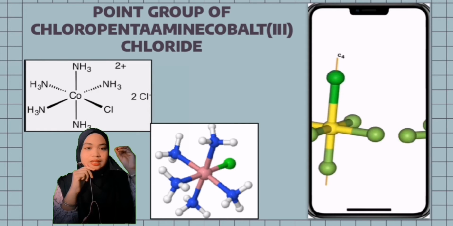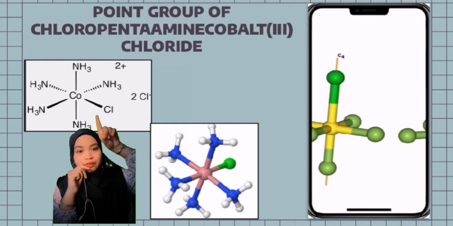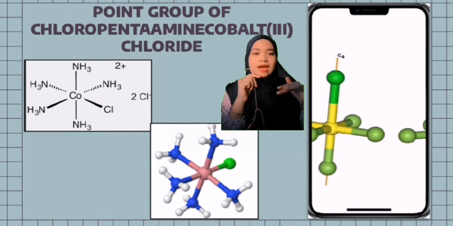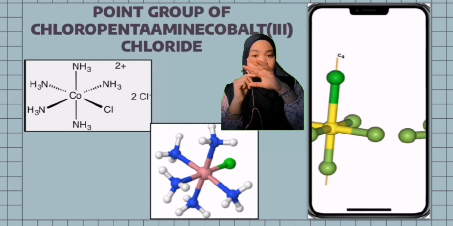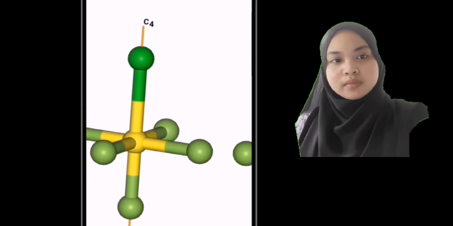Okay, so here we have two diagrams of the chloropentamine cobalt trichloride structure. On top we have the 2D structure and below here we have the 3D structure. If you can see on the 3D structure, we have cobalt attached to 5 NH3 and also 1 Cl.